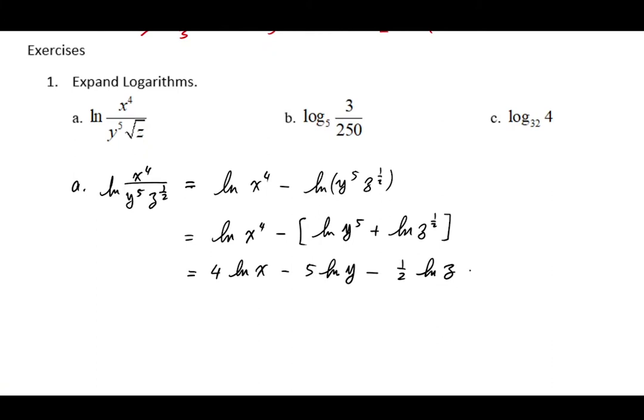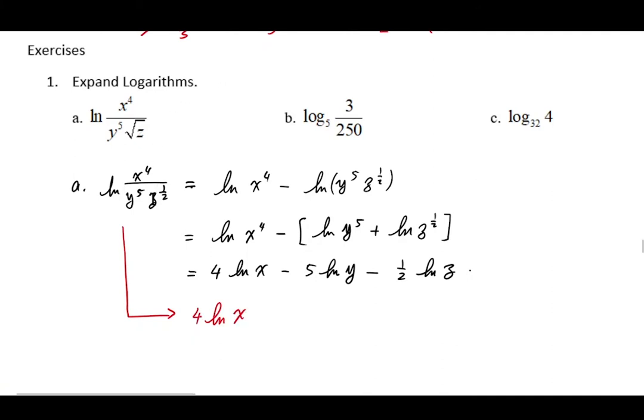Well, could we have done that in one step? Let's see. So remember, whatever is in the numerator is positive, and the others that are in the denominator, they both become negative. That's the only thing you need to remember. So what we have is ln x to the fourth power.